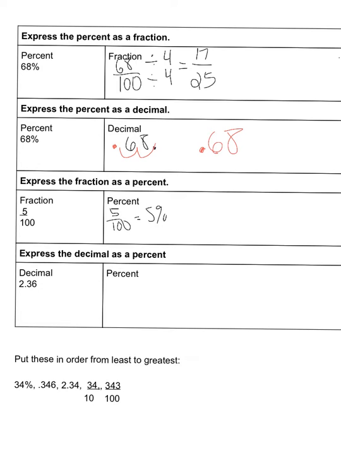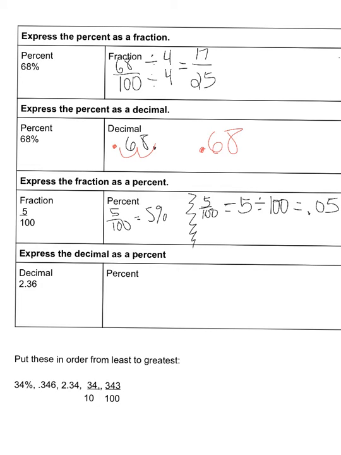Another way that you can do this is, and I'll just put a little squiggle so you can see the two ways, we can divide to turn this into a decimal, and then turn it into a percent from there. So I have my fraction 5 over 100. For that to become a decimal, I simply do 5 divided by 100, and that gives me 0.05.